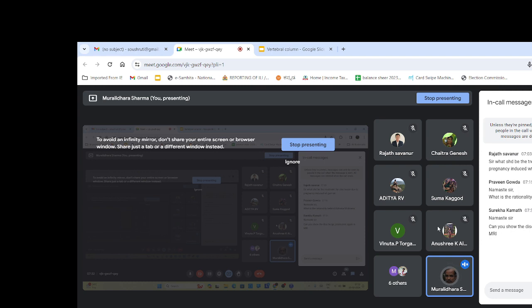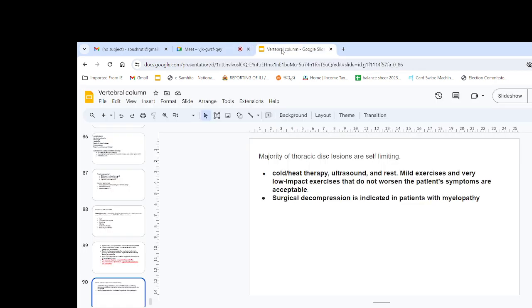Then, can you show the disc bulge protrusion again in MRI?